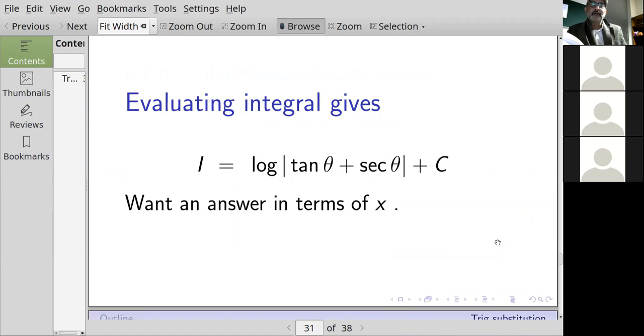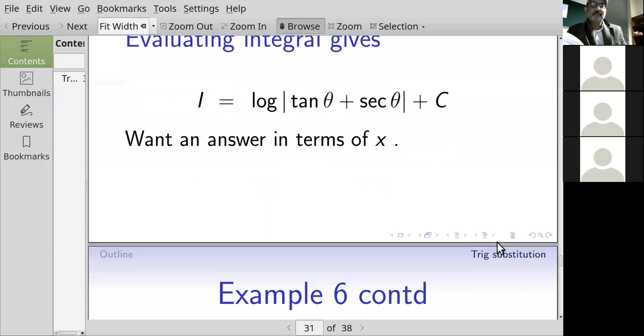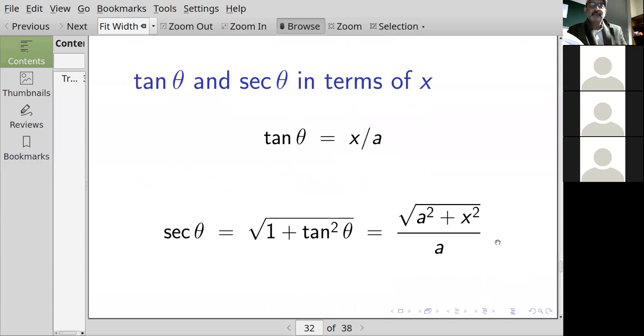Remember, 1 plus tangent squared theta is equal to secant squared theta, right? So that means secant theta is the root of a squared plus x squared over a.